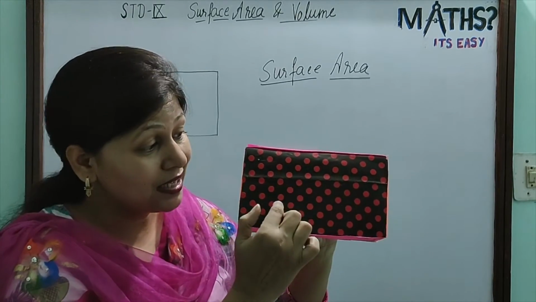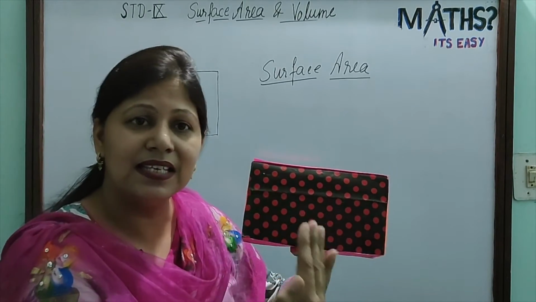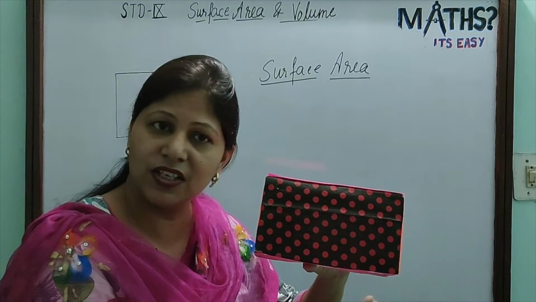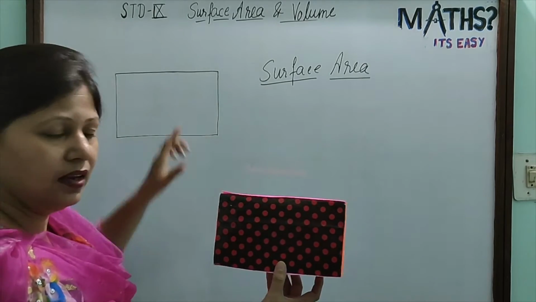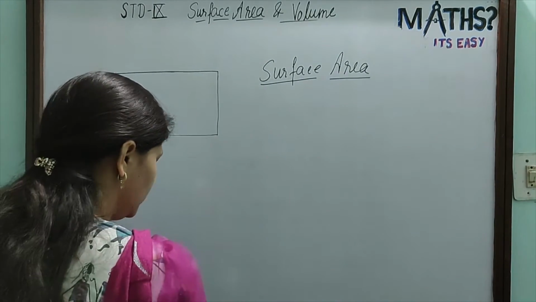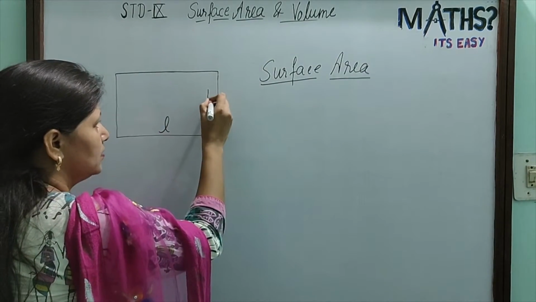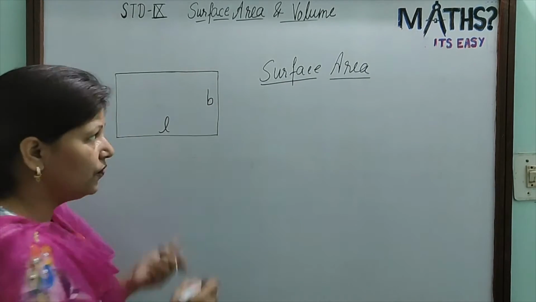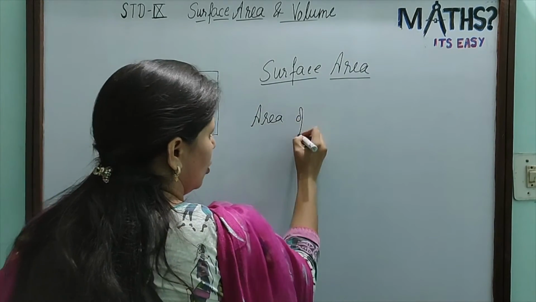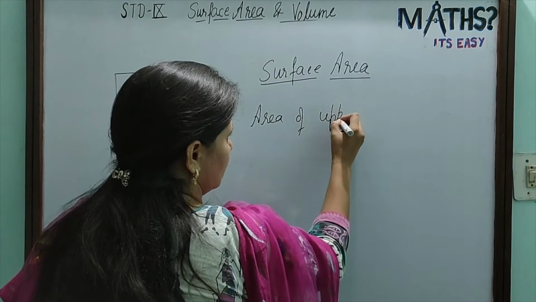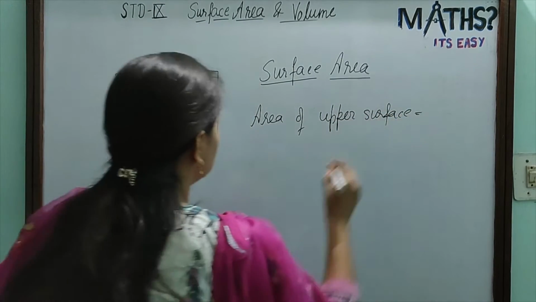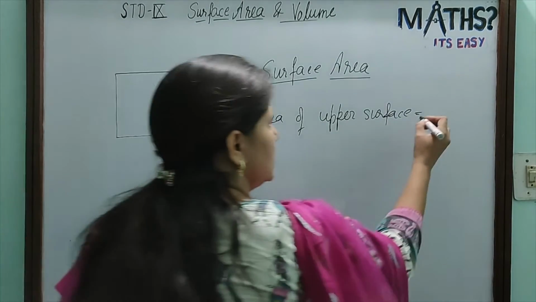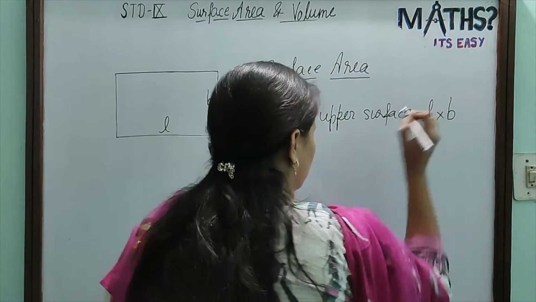Okay, so this upper surface is a rectangle, a simple rectangle which is having 2 dimensions, one length and one breadth. So what can we find out its area? Area of upper surface will be simple rectangle area, that is length multiplied by breadth.